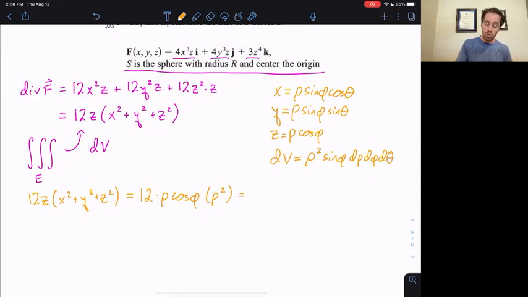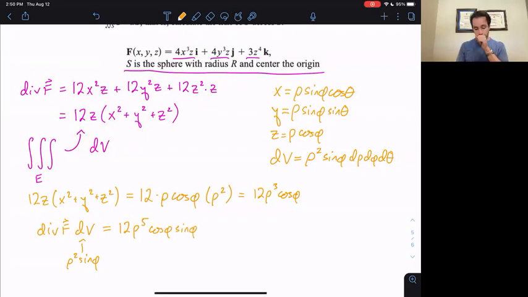So this will be equal to 12 rho to the third cosine of phi. And then the divergence of f dv, meaning that this is going to turn into rho squared sine phi, will be 12 rho to the fifth power times cosine phi sine phi.